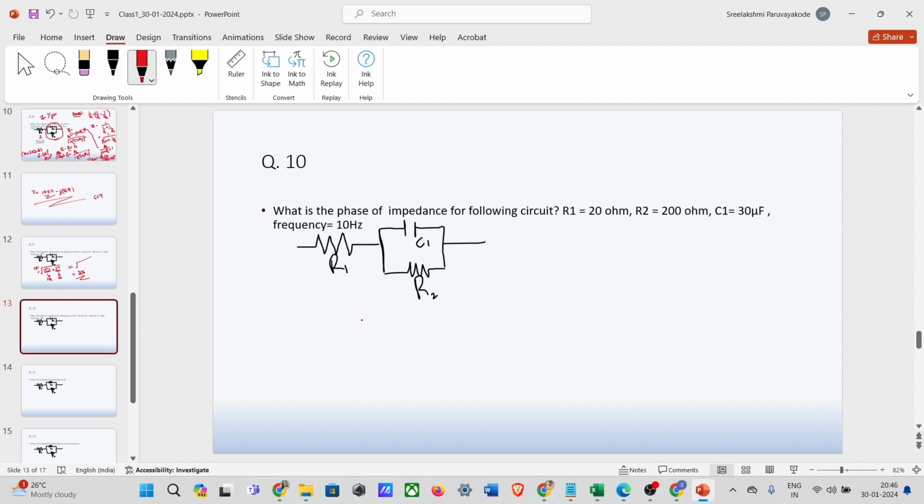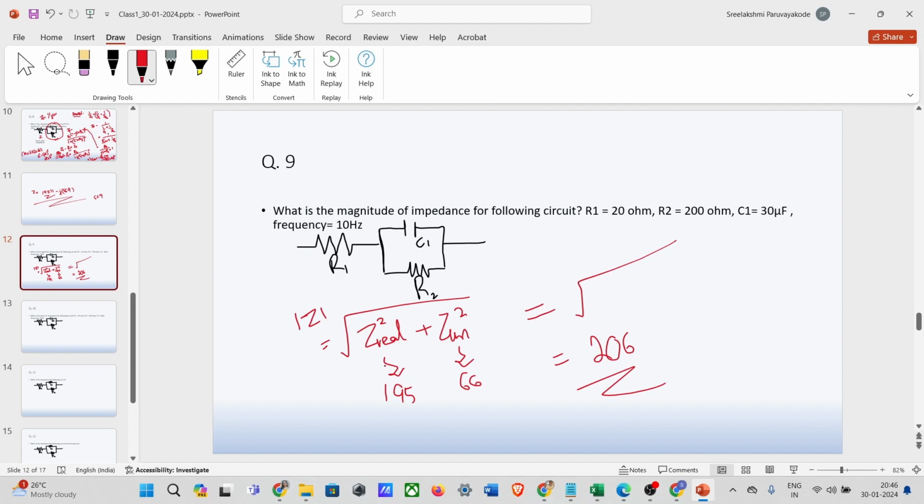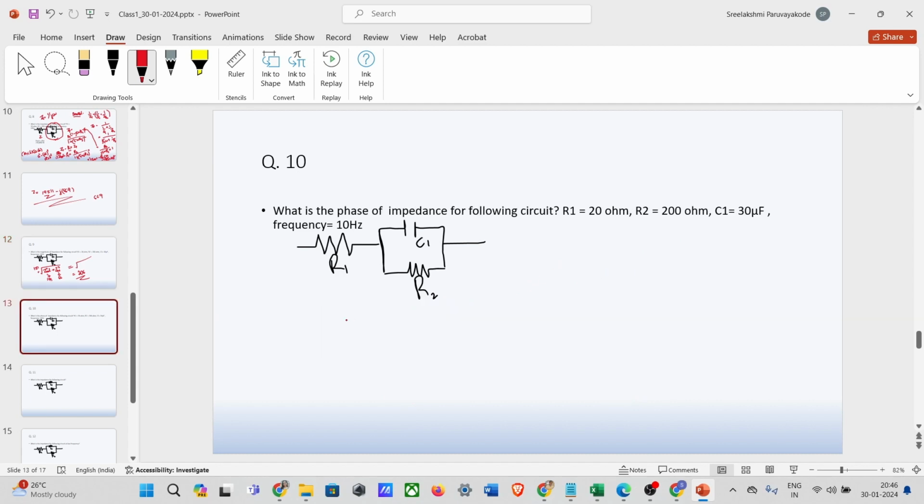Once you find out the impedance equation, you need to find out the magnitude, which is given by the root of z real square plus z imaginary square, and the phase phi is given by tangent inverse of y upon x. Be careful. It is nothing but the z imaginary part versus z real.